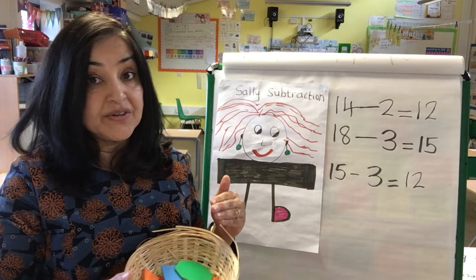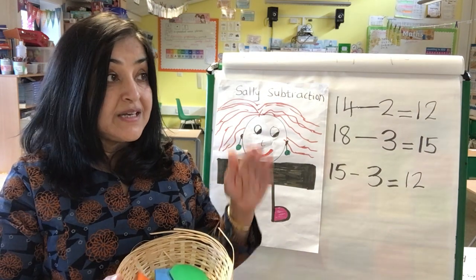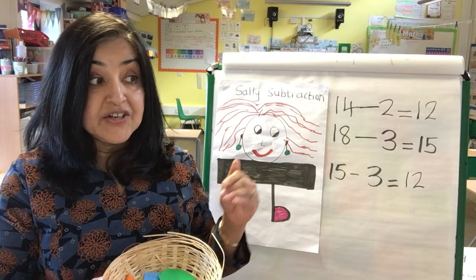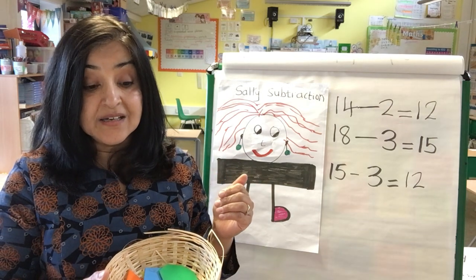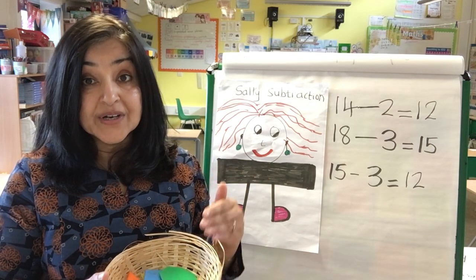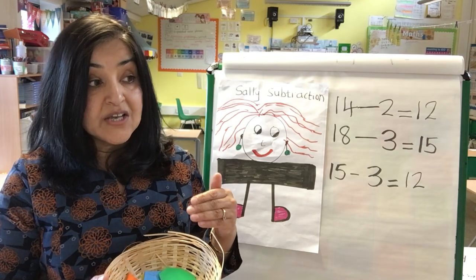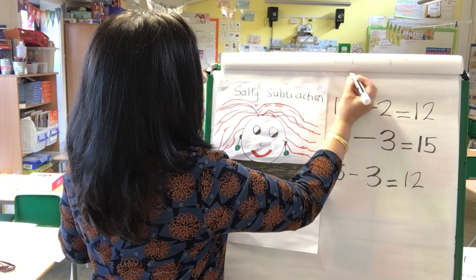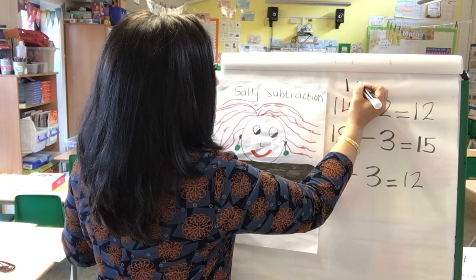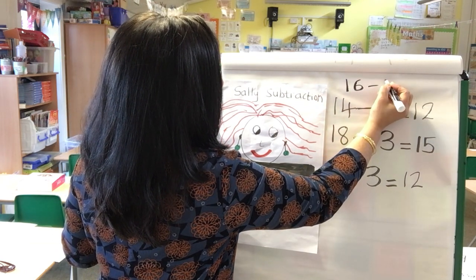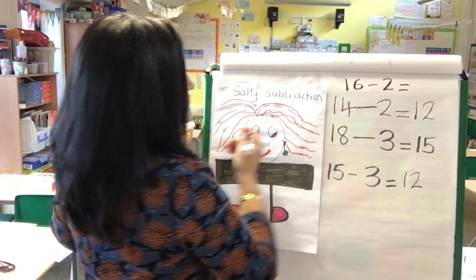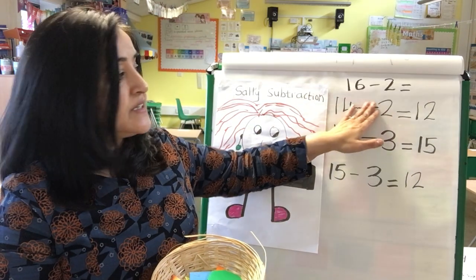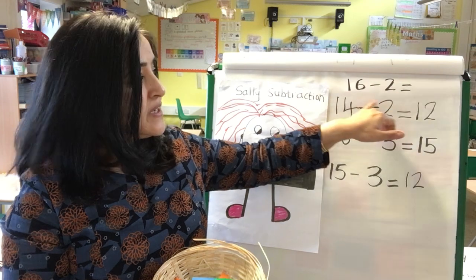They will help you to read some equations and you will show practically how we can work out subtraction. So, for example, I might give your grown-up this equation: 16 take away 2.